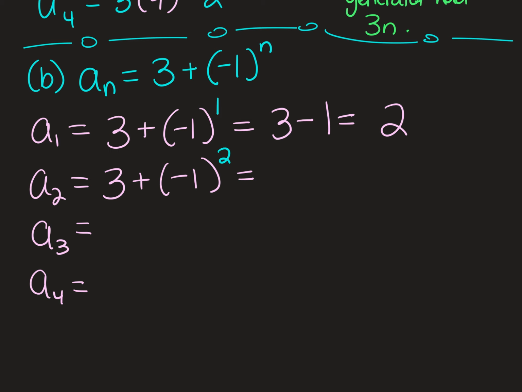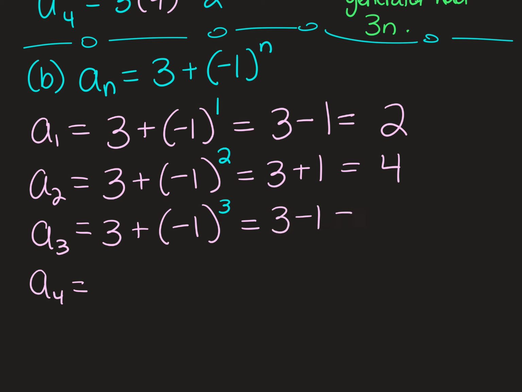Positive 1, right. So this is now 3 plus 1. Maybe you're seeing a pattern here, but let's do a couple more to make sure. So 3 plus -1 raised to the third power. What is -1 raised to the third power? -1, yes. And then finally we have 3 plus -1 raised to the fourth power. What's -1 raised to the fourth power? 1, good.